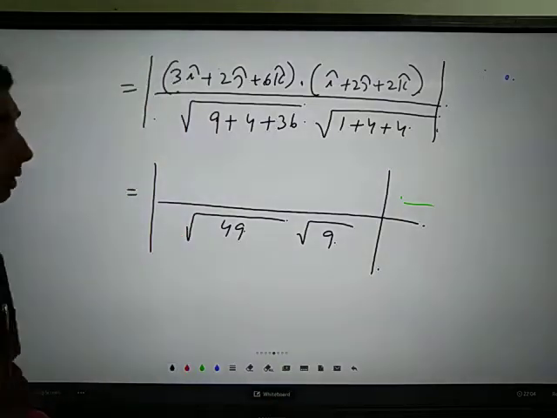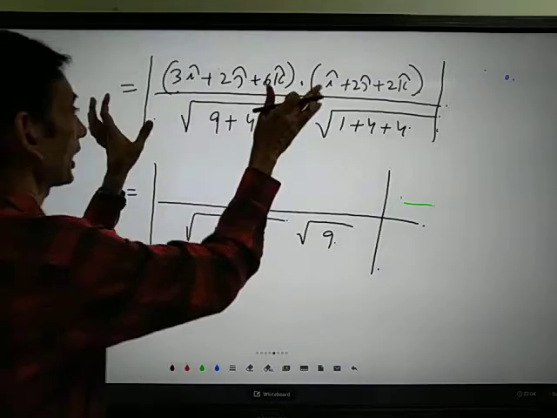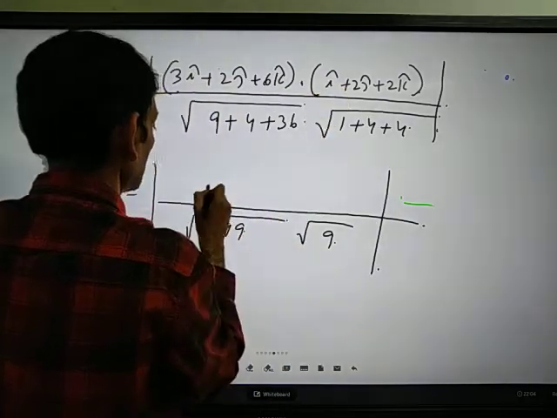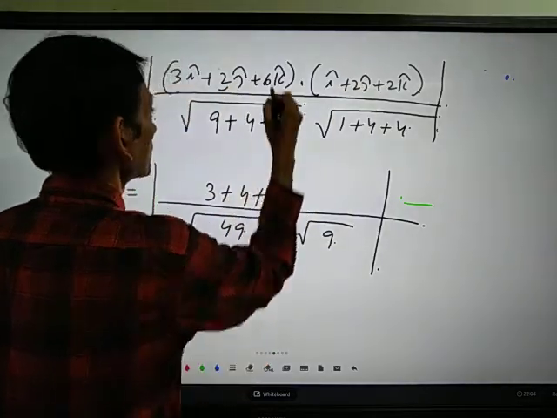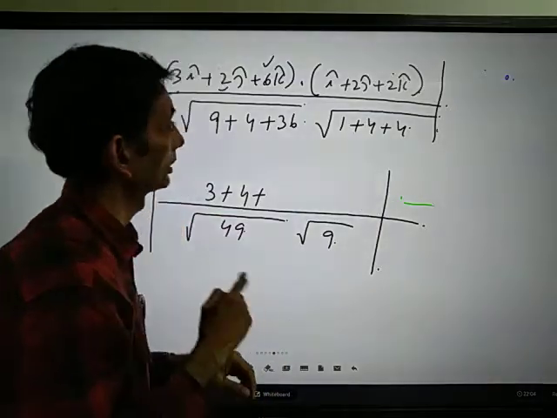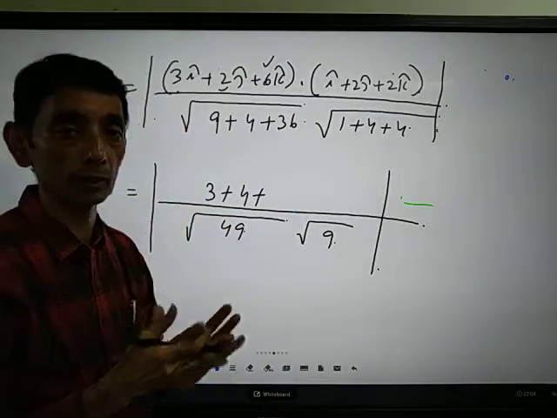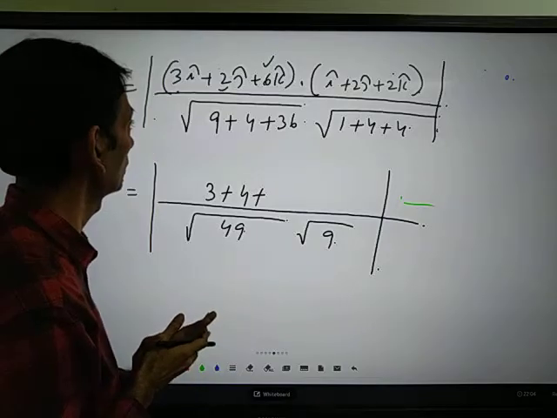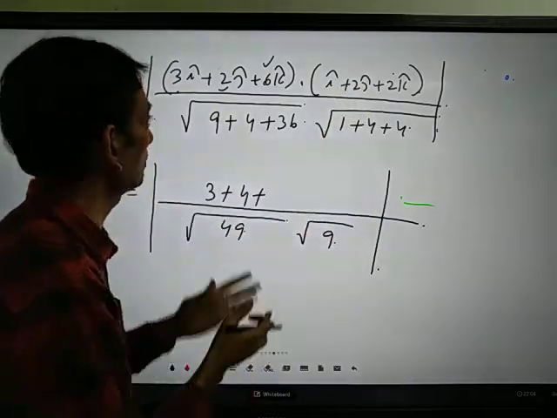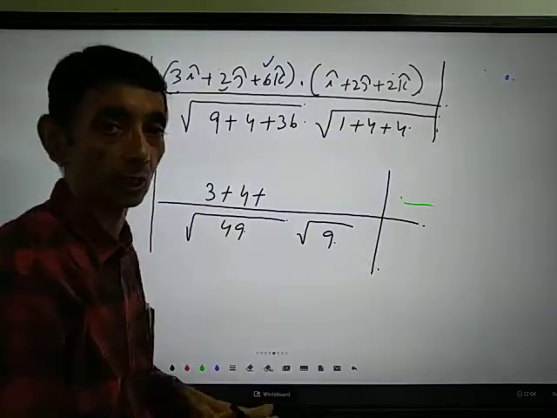Now we'll use the dot product between these two vectors. 3 into 1 is 3, plus 2 into 2 is 4, plus 6 into 2 is 12. We have just learned how to define a dot product between two vectors: only i dot i terms will come, and other terms like i dot j and i dot k will all be 0.